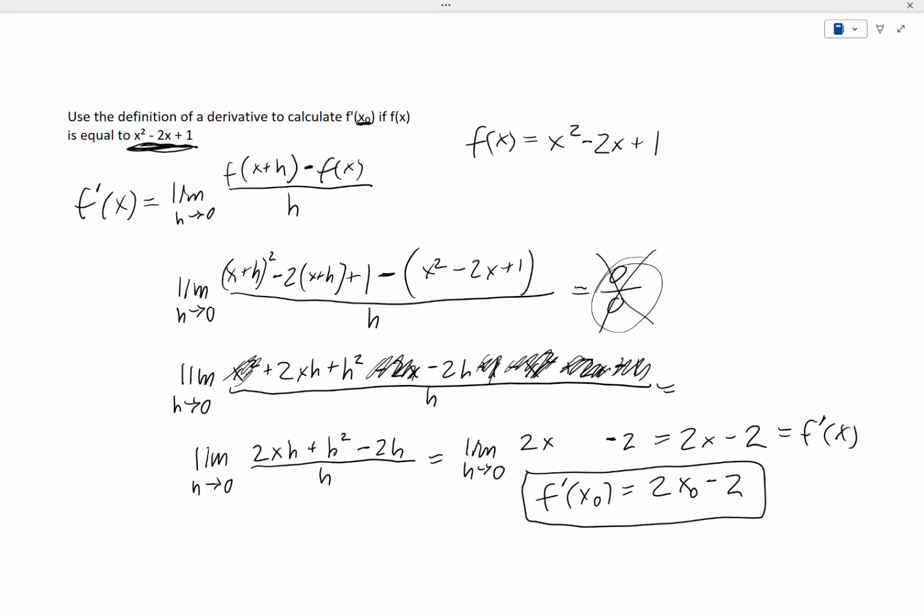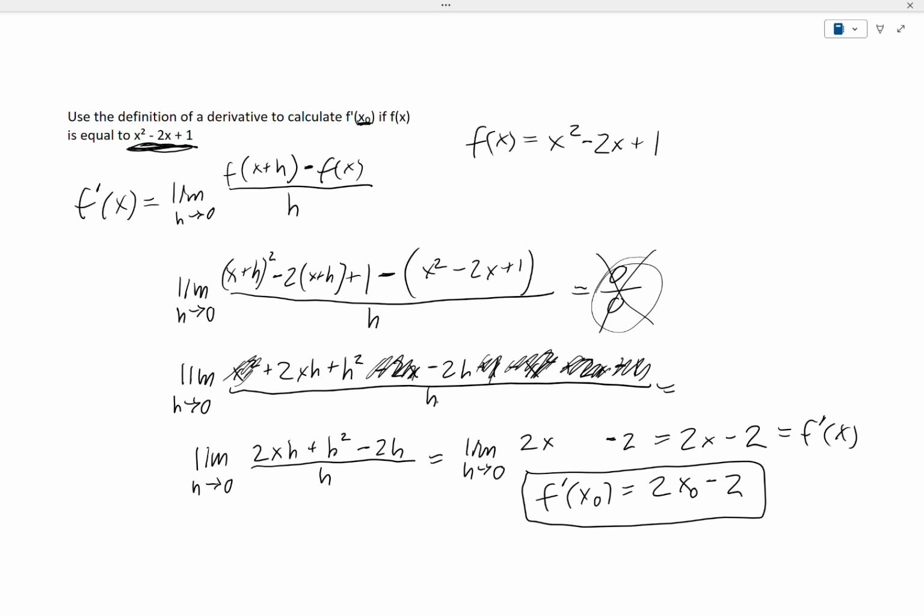So you can see as I did the limit, for every step of the limit, if I were to stick 0 in, I would still end up getting 0 over 0. And it takes all the way up until this step where everything has added and subtracted and canceled with this big step right here.